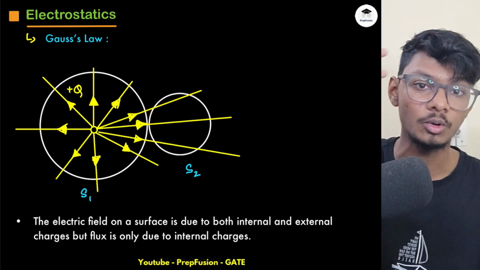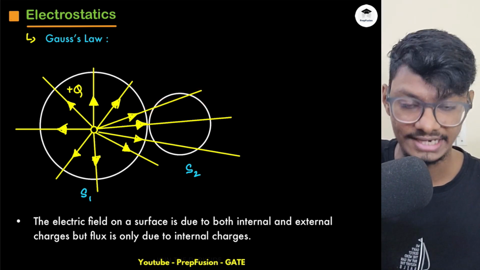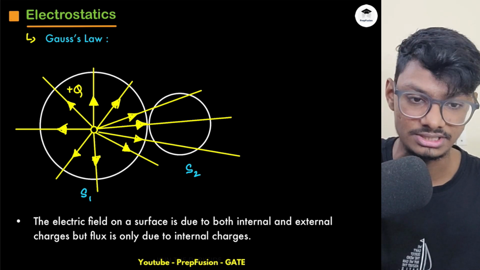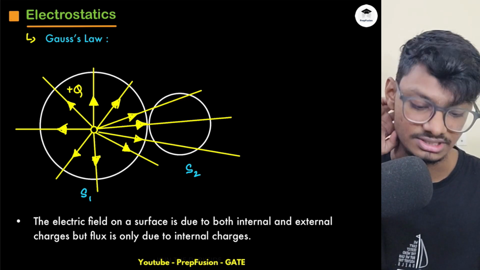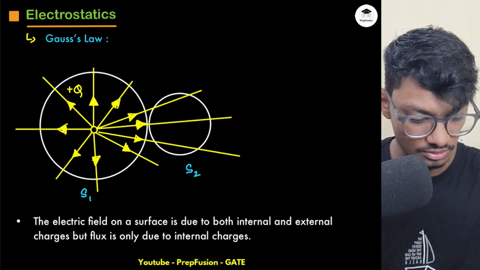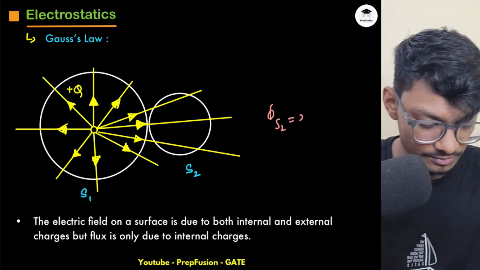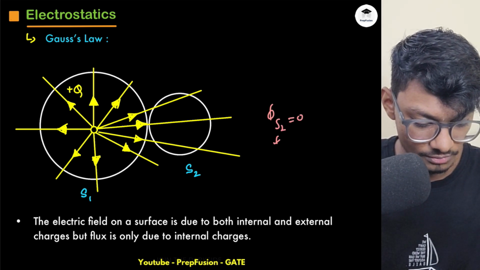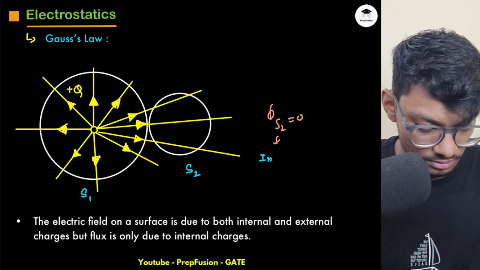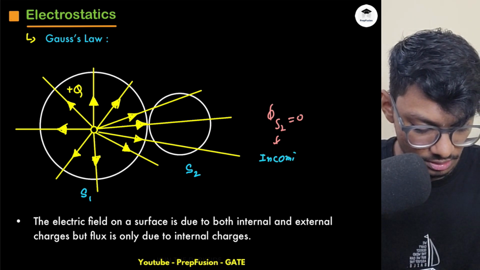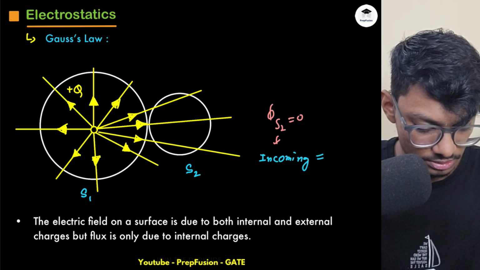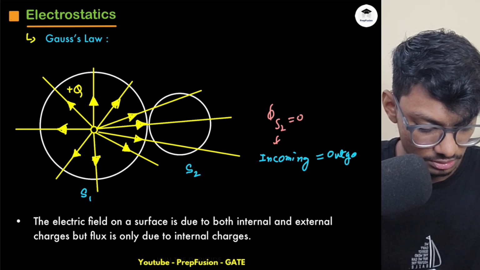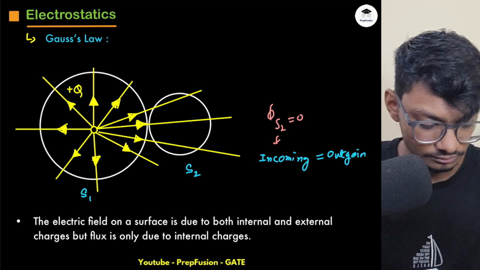So I don't care about the outside electric field lines or outside charges. I only care about the charges inside. So the flux phi S2 will be simply 0, as incoming electric field lines are equal to outgoing.